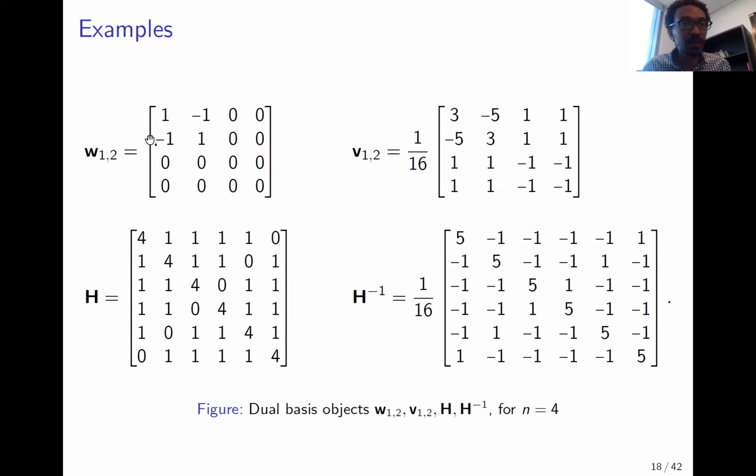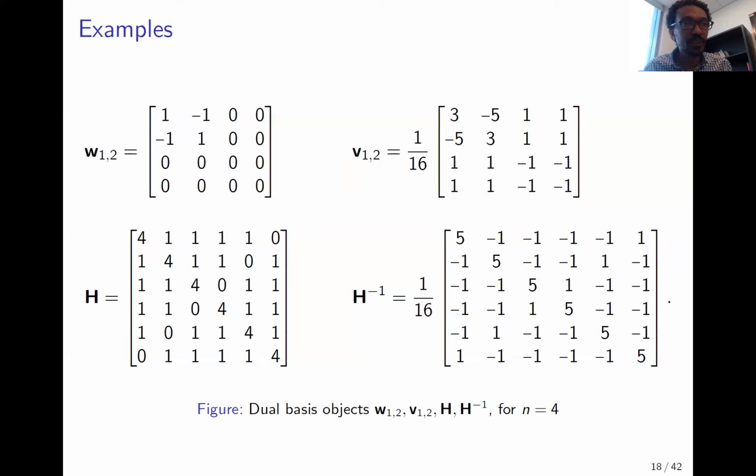So essentially, W alpha1 alpha2 puts 1s in the alpha1 alpha1 and alpha2 alpha2 entries, and a -1 at these entries. And this is how the matrix V12 looks. And here is our H. When n is 4, this is a 6 by 6 matrix. Here is the structure of H, and here is the structure of H inverse.